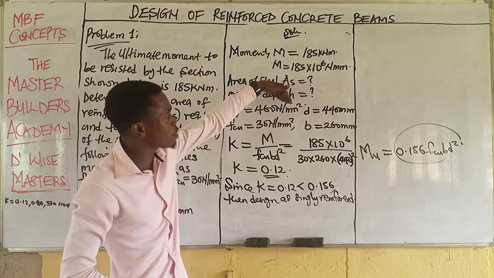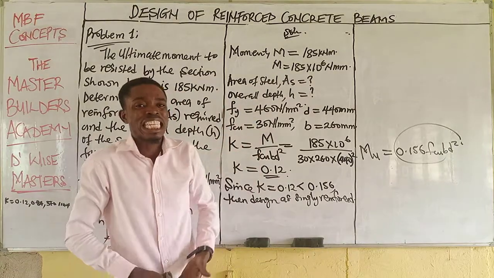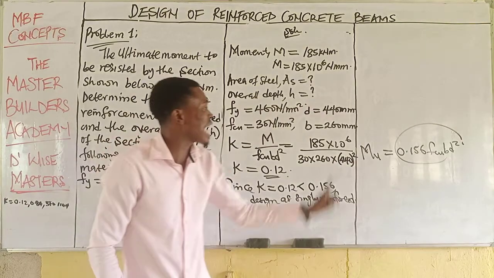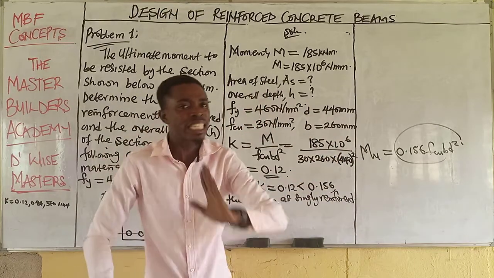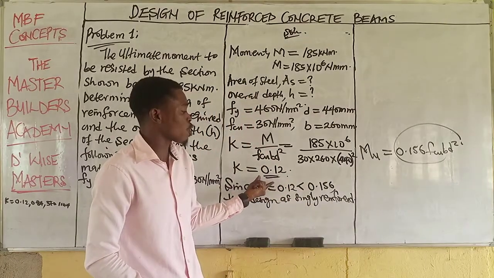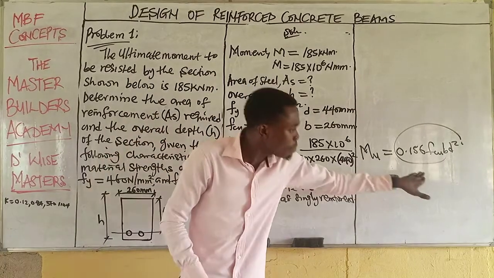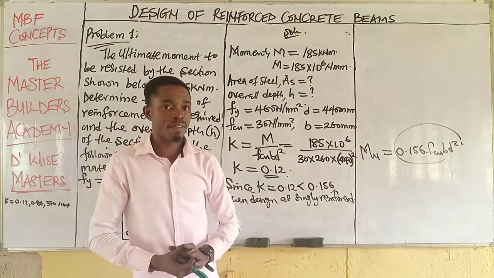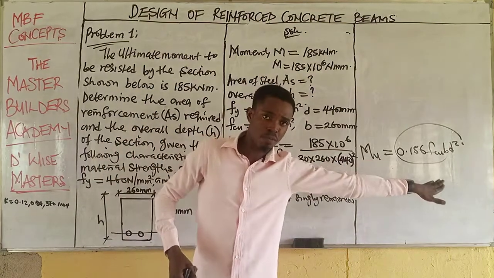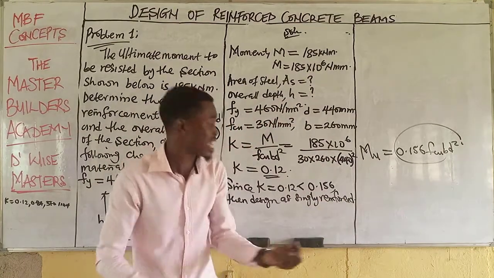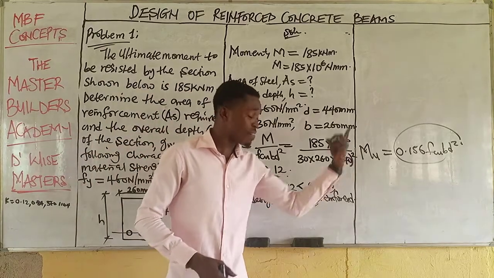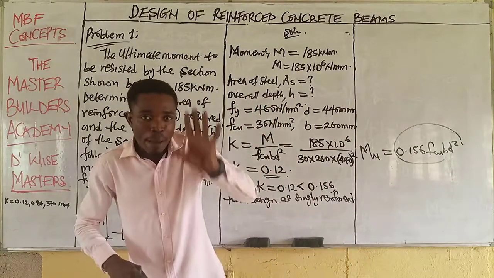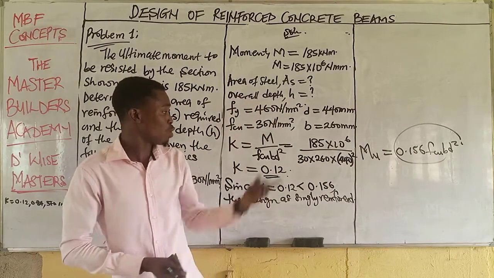This moment is acting on the concrete, and the concrete moment is expected to be higher than this moment for this section to be designed as singly. This has already proven that when we calculate the ultimate moment of resistance of the concrete, it will definitely be more than 185, which you can test run. So for us to design as singly, it is either K is less than 0.156 or the ultimate moment of resistance in concrete, Mu, is greater than the applied bending moment, which we were given.